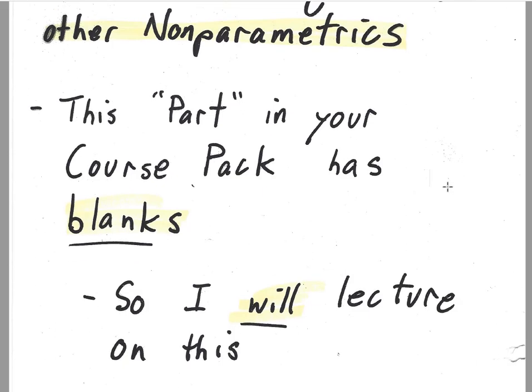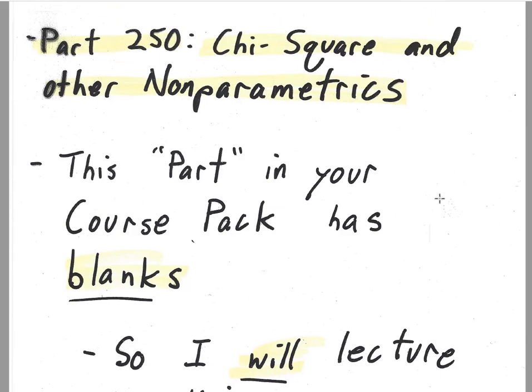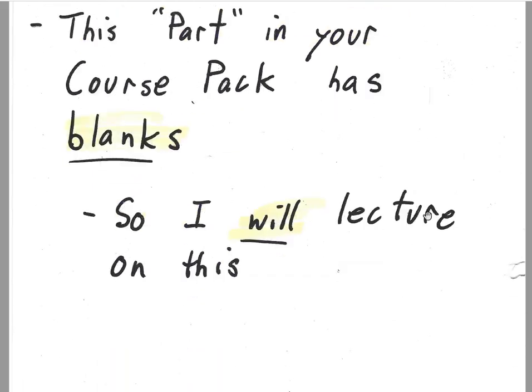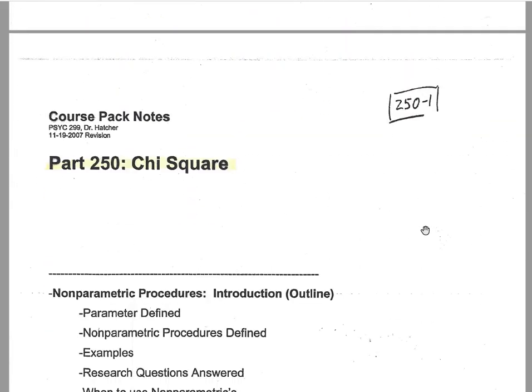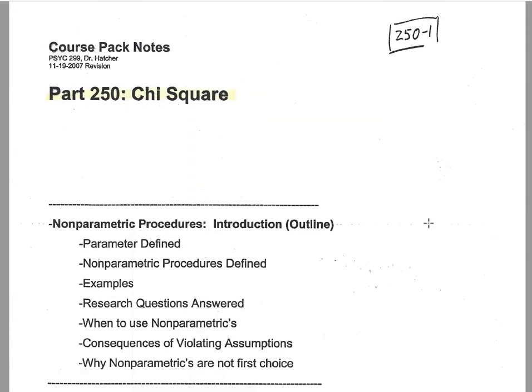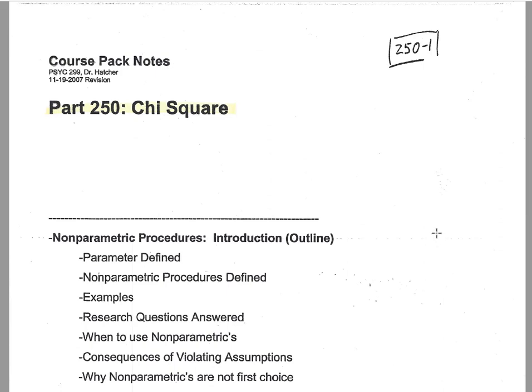As you can see from what's in the document in front of you, this part of your course pack has blanks, so yes, I will lecture on it. When you get to the typed up portion of it, it looks like this: course pack notes, Part 250, chi-square. Begin with kind of a general introduction to non-parametric statistics in general. Definition: what is a parameter? What are non-parametric statistical procedures?